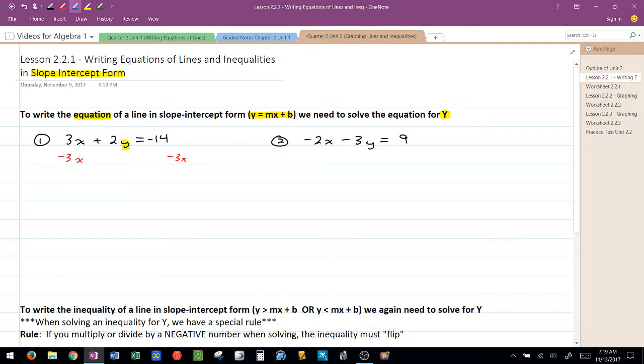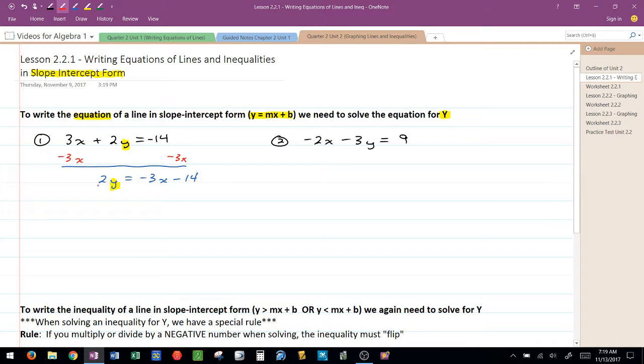Now when I rewrite this, I'm going to rewrite it as 2y equals negative 3x minus 14, working to get it into this form, slope-intercept, y equals mx plus b. So there's my y. My y is still not all by itself, so now I need to get rid of this 2.